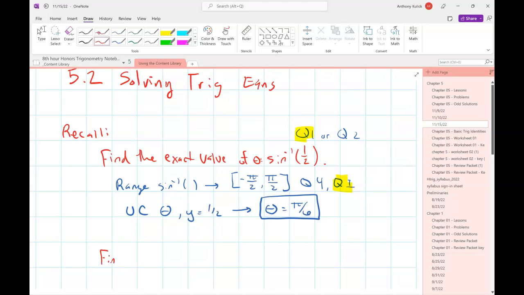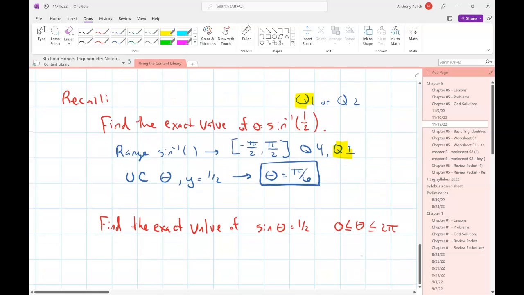And then in chapter 4, we asked you to find the exact value of sine theta equal to 1/2, where theta's between 0 and 2 pi or something, right? Oh, I didn't do that yet.